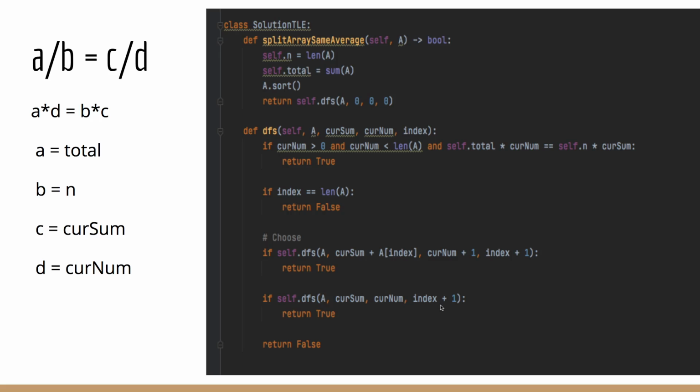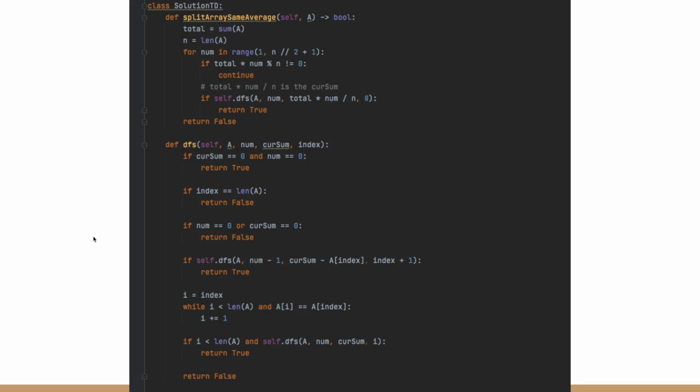And if we do not pick anything, we'll still move forward. So if any of the options can succeed in reaching the base case, we'll return true. If none of them can succeed, we return false. Unfortunately, this approach will be a TLE. So let's go over the optimal solution that can pass the test.